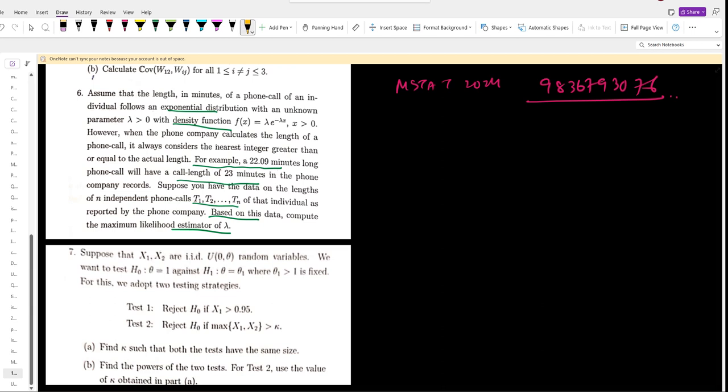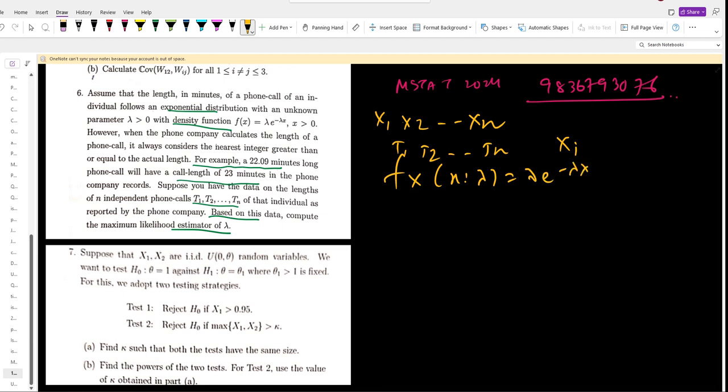Okay, so here we go. First, let us denote X1, X2, ..., Xn as the lengths of the calls, and T1, T2, ..., Tn as the recorded lengths. The density function of Xi is f(x, lambda) = lambda e^(-lambda x) for x greater than 0. The relationship between Xi and Ti is Ti = ceiling of Xi.